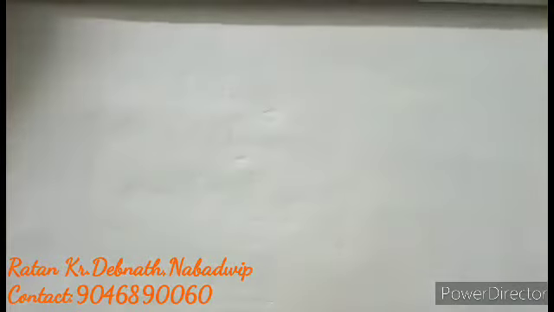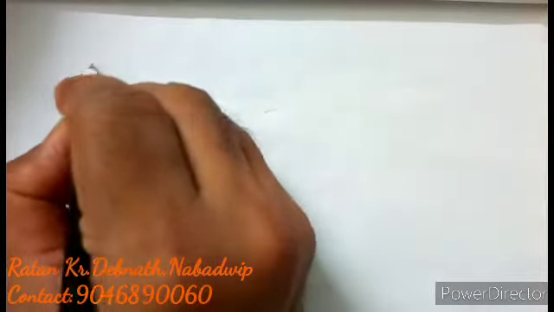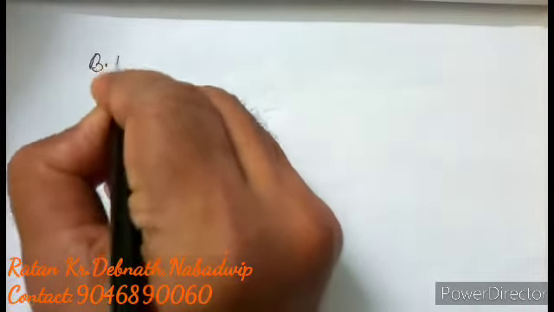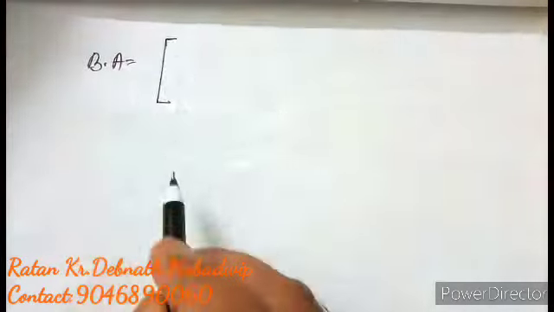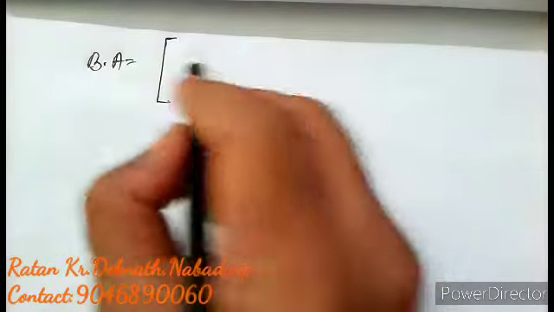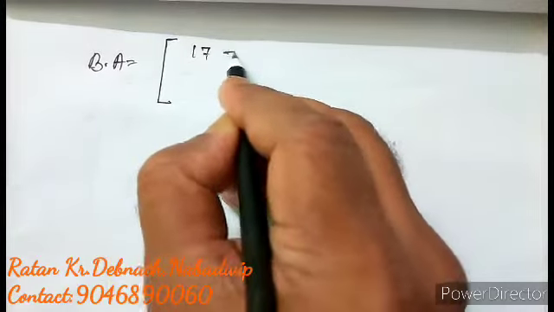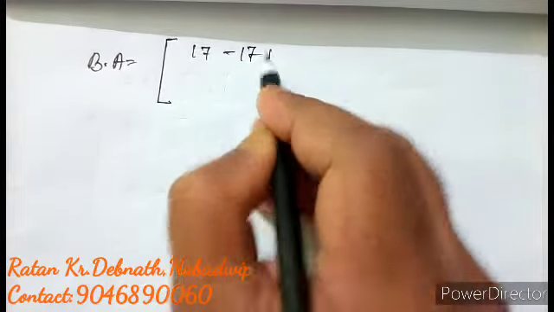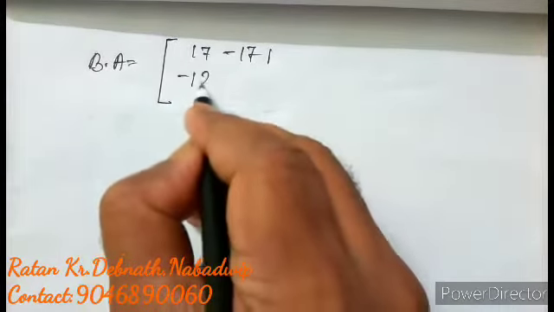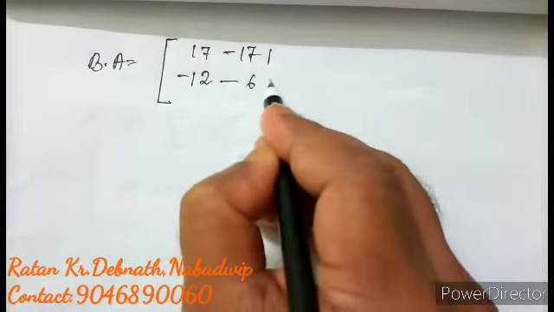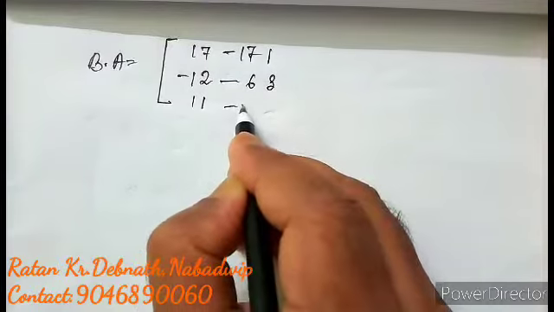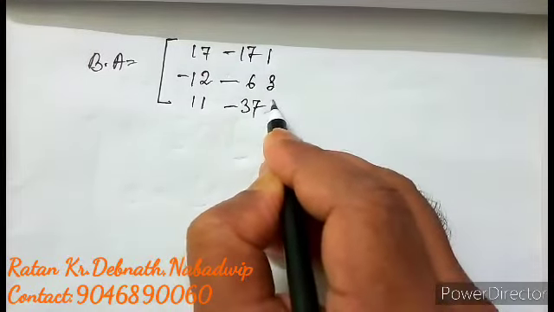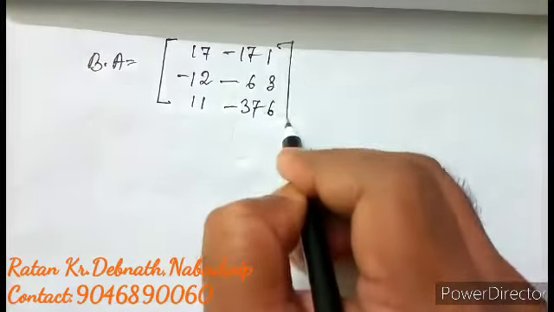But if you multiply B with A, you will observe BA will be 17, minus 17, 1, minus 12, minus 6, 3, 11, minus 37 and 6.